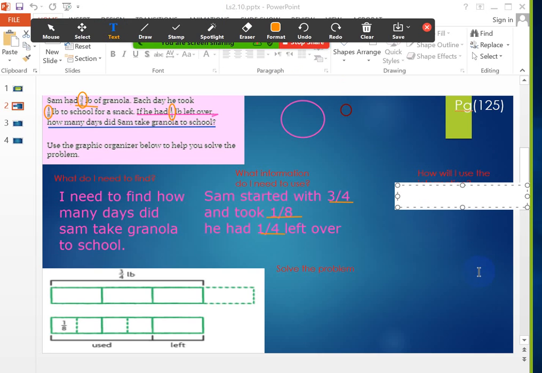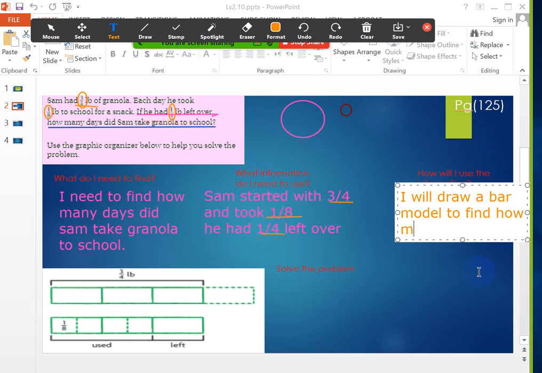You have to complete it. I will draw a bar model to find how much granola Sam used and how many days.